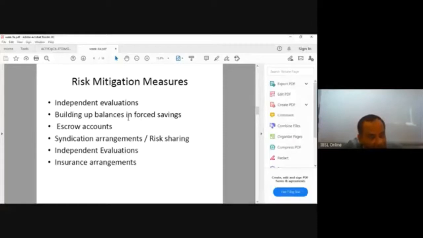You keep that in an escrow account and use it exclusively for the project. So those are escrow accounts, so that the funds are not used by the company or anybody outside the project requirement, right?